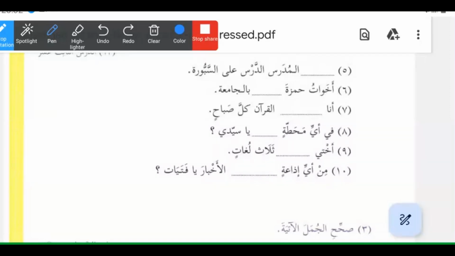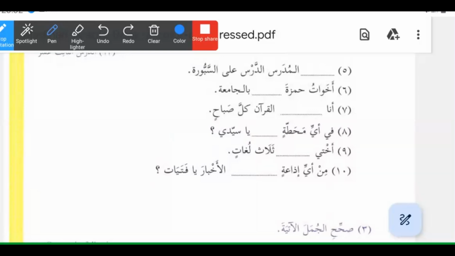في أي محطة يا سيدي. Oh sir, this is a second person. Ya, once ya is coming, that will be a second person, and it's a mukhatab. And Sayyidi is singular, and again it's a male. So fi ayyi mahattatin, at which station will you deboard, or will you come down, or will you leave this bus or this train.